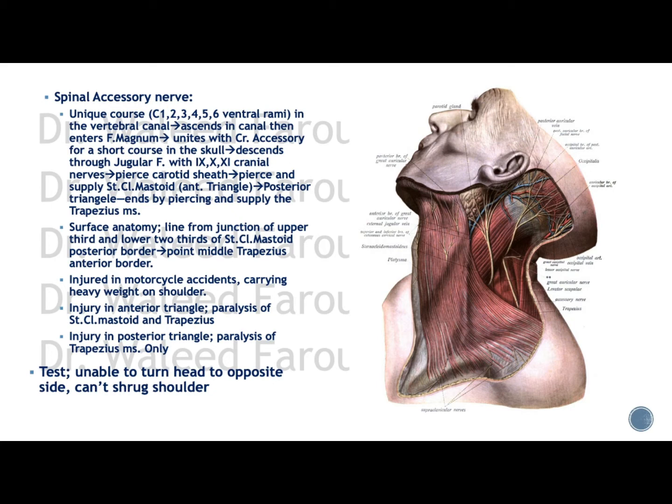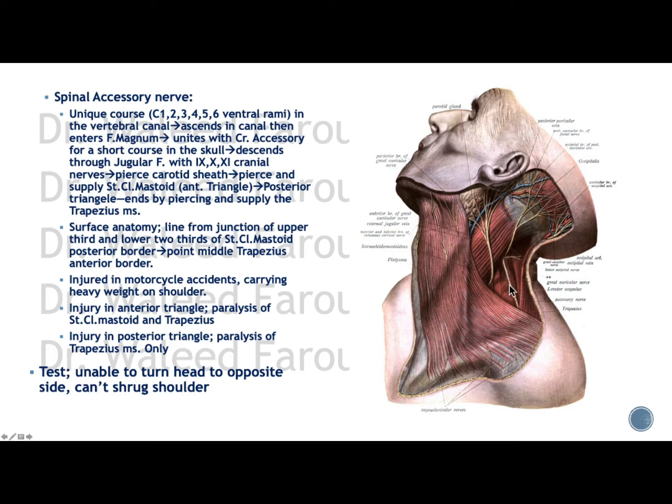then leaves it again after a very short course and goes down the jugular foramen to appear in the neck, goes down and lateral, pierces the sternocleidomastoid, then comes out of the sternomastoid and goes further down and lateral to end by supplying the trapezius nearly at midpoint of the anterior border of trapezius.